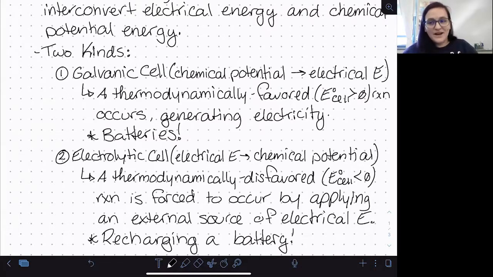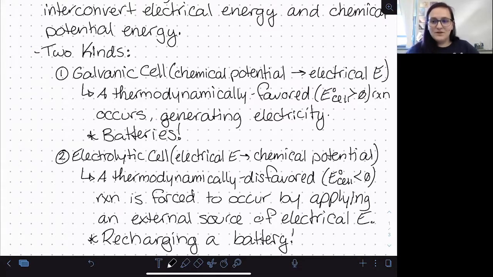When you plug it in at night to recharge it, now that battery is functioning as an electrolytic cell, in that you are putting in an external source of electrical energy coming from the wall outlet that you plugged into, in order to force that reaction to run in the disfavored direction so that you will have stuff available to produce power the next day.